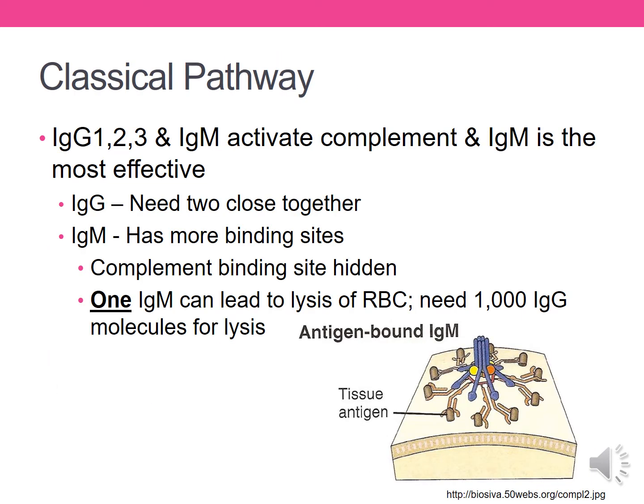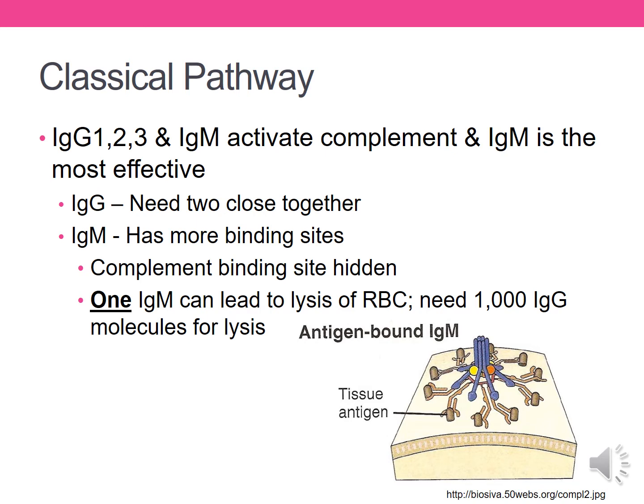As we have learned in the last few lectures, all antibodies are not created equal. So the antibodies that could actually trigger the classical pathway are IgG1, 2, 3, and IgM. And obviously IgM, being the biggest of the antibodies, is more effective at triggering the classical pathway.